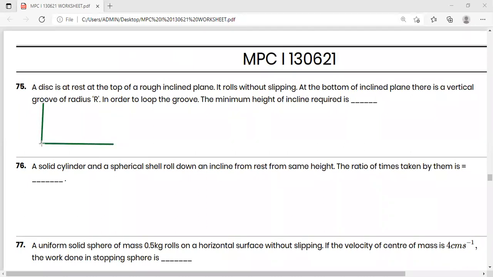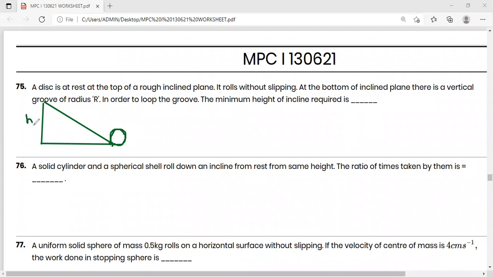The body is falling from this type of incline, and at the bottom part it was given a groove like this. When it comes to this particular point, it has to rotate along this path also.